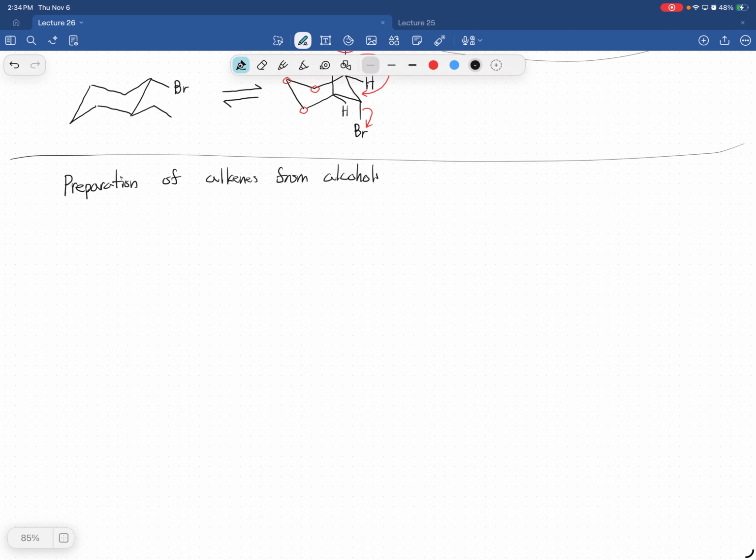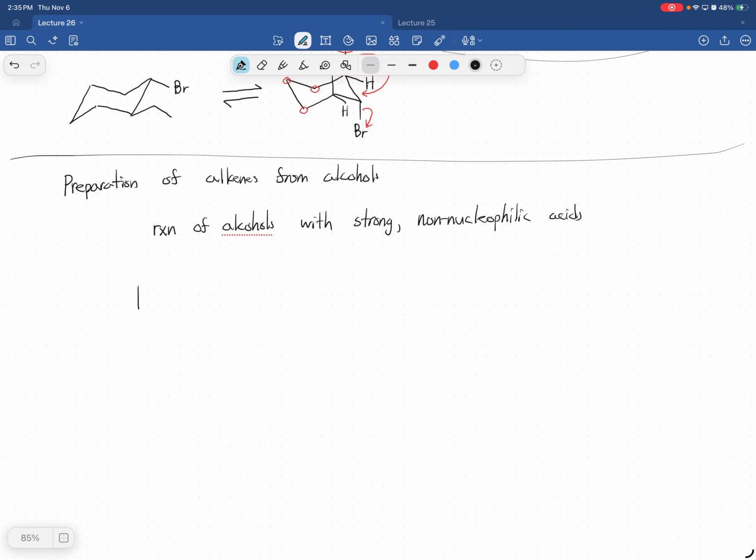All right. So first we have reaction of alcohols with strong non-nucleophilic acids.